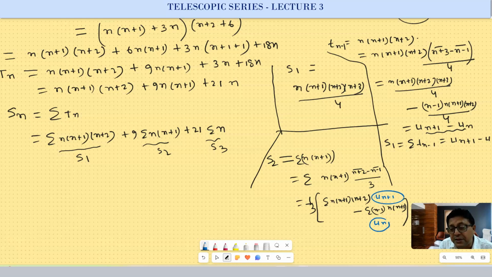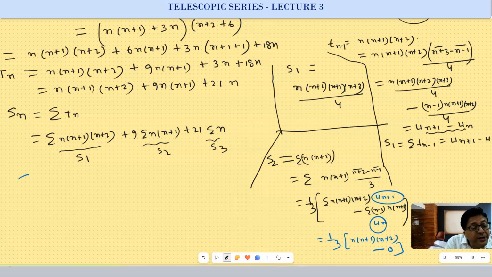Whenever you have expressed in this form, as I told you even in the beginning of today's session, the sum will be un plus 1, n plus 1, n plus 2 as it is, minus, put n equal to 1 at the end, u1, that is 0 again.